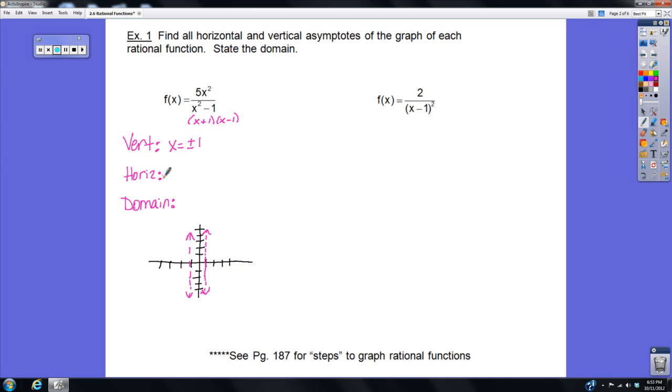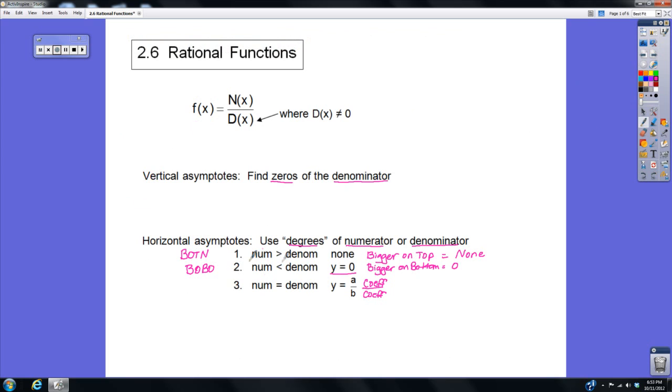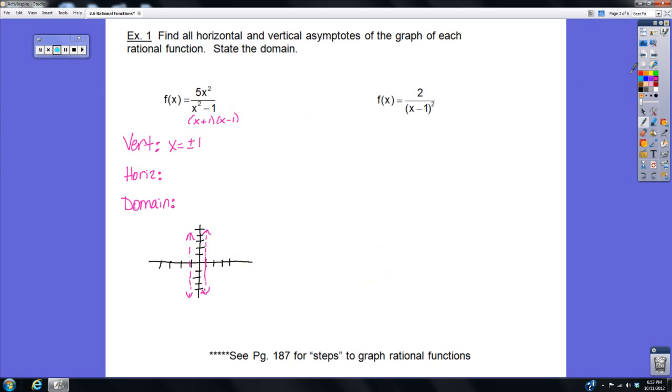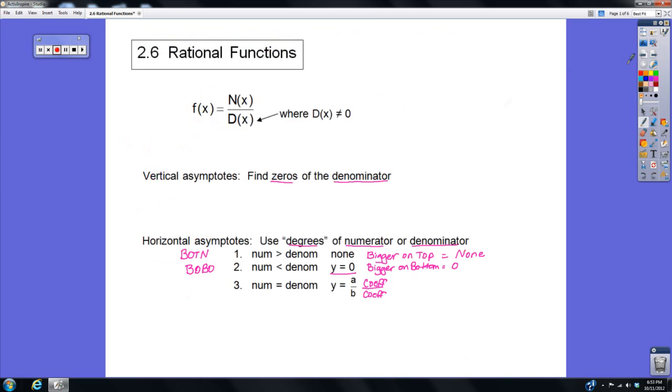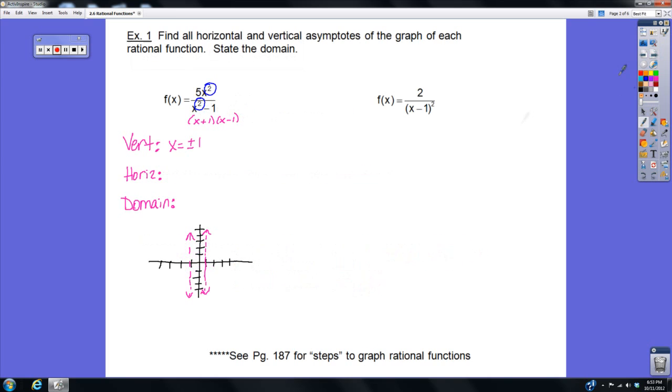Now I need to look at my horizontal asymptotes. Those are my three things that can happen, my three rules. But let's take a look at the degrees. The degree of my numerator is 2, and the degree of my denominator is 2. So the degrees are the same. If my degrees are the same, then I'm looking at this rule right here where I put the coefficient of the numerator over the coefficient of the denominator.